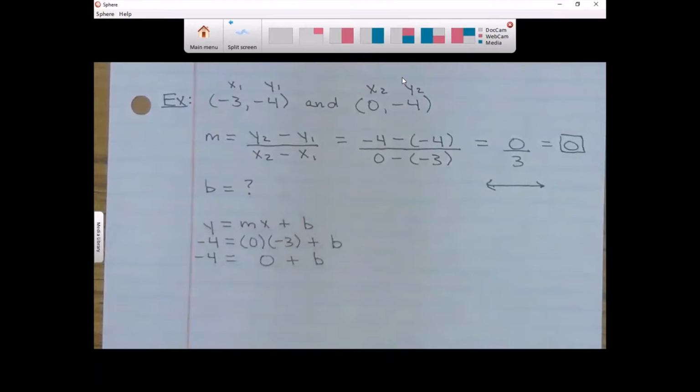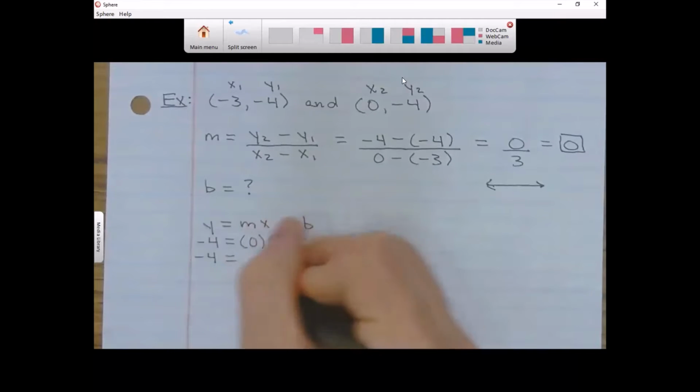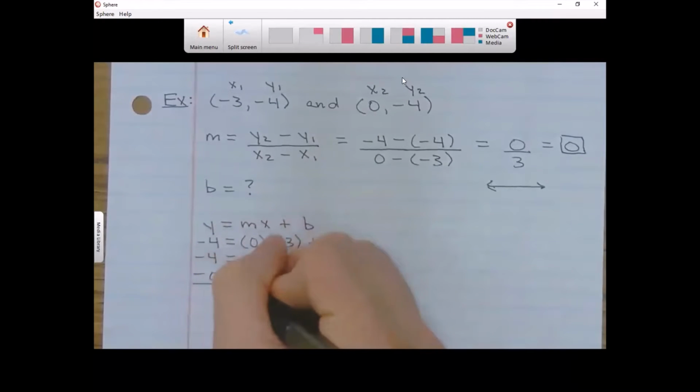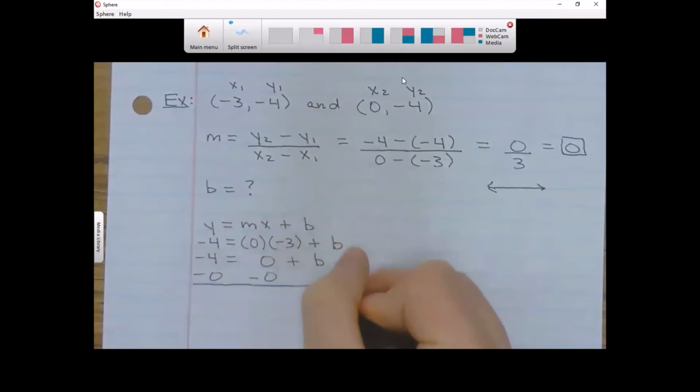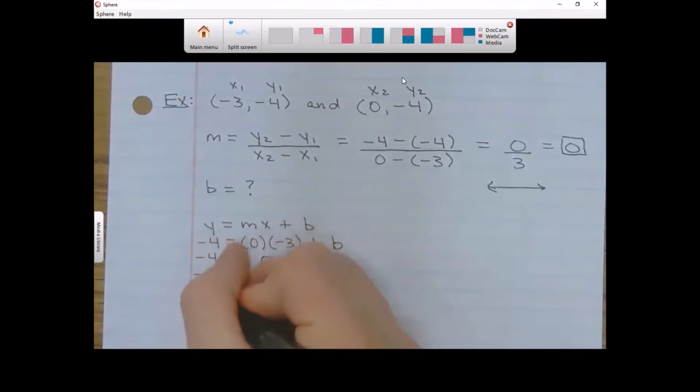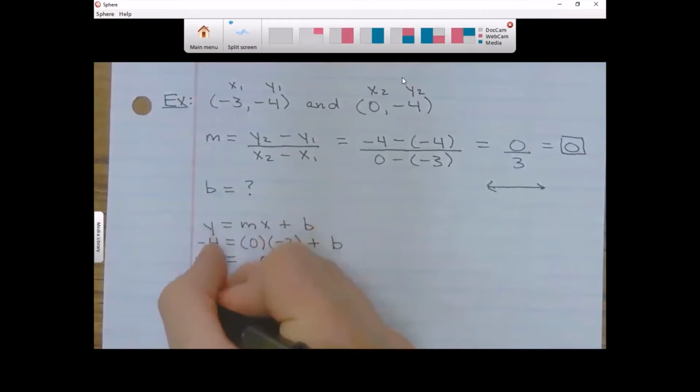So I bring down my -4, my equal sign, and my plus b. And now I can subtract 0 or add 0 to both sides. That'll get rid of the 0, and I get b equals -4 minus 0. That's still going to give me -4. That's going to be my b value.